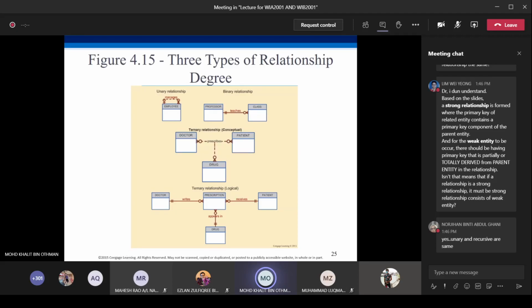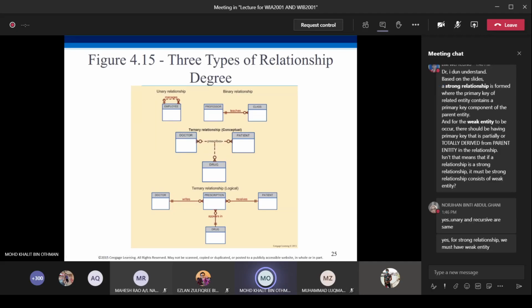We already know that a binary relationship exists when two entities are associated in a relationship. The relationship a professor teaches one or more classes in this diagram is an example of a binary relationship.